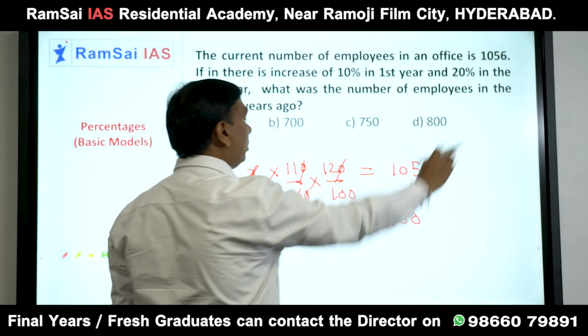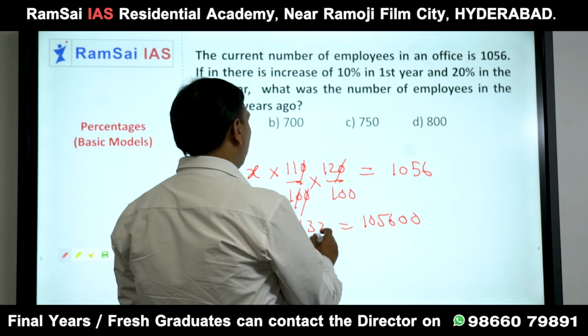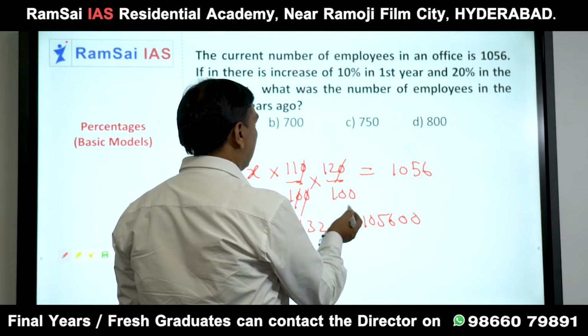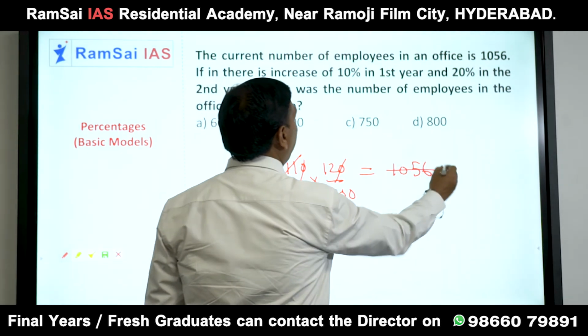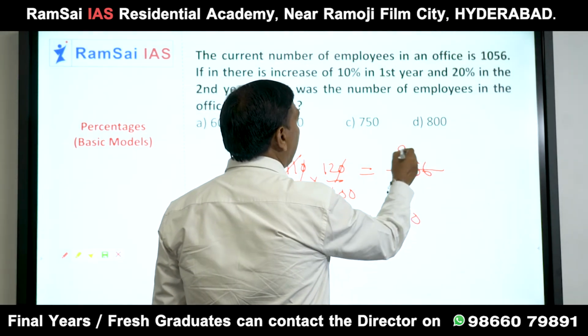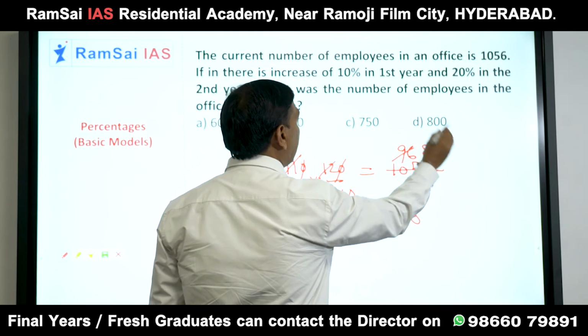x into 11 12s are 132 is equal to 1056 into this one, 0, 0. What is 132? Or otherwise you can do it this way. You can cancel it with 11. 11 9s are 99, 66, 11 6s are 12, 8s are.